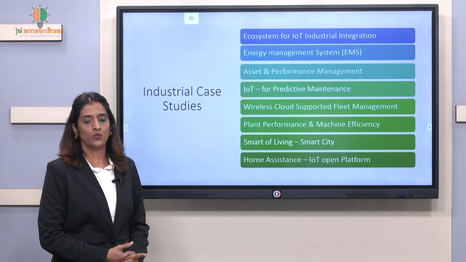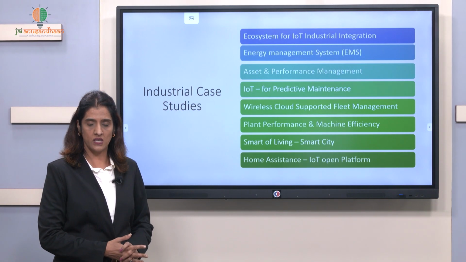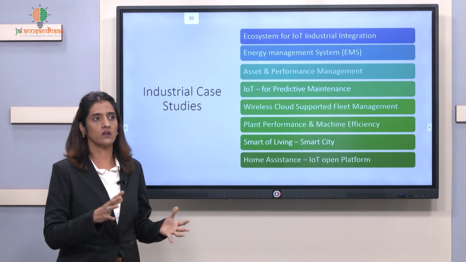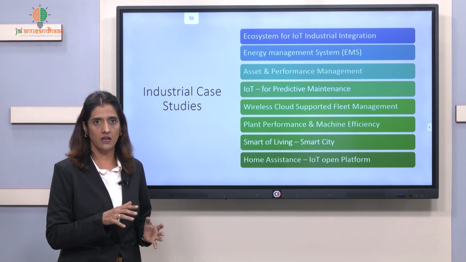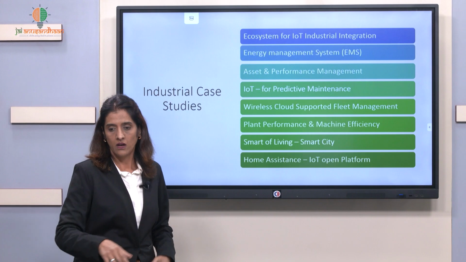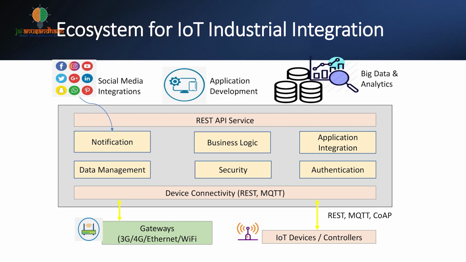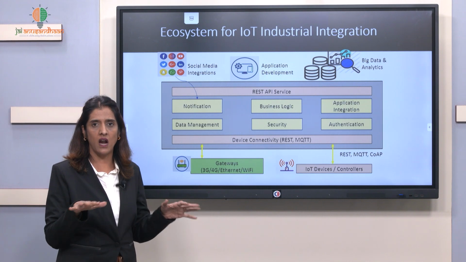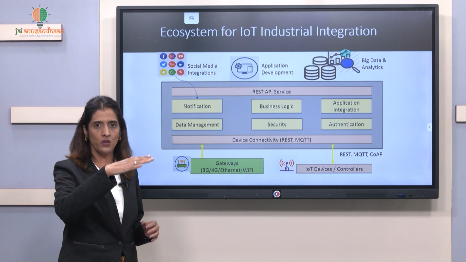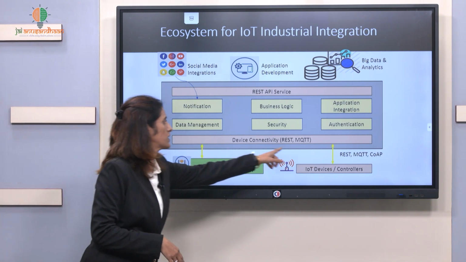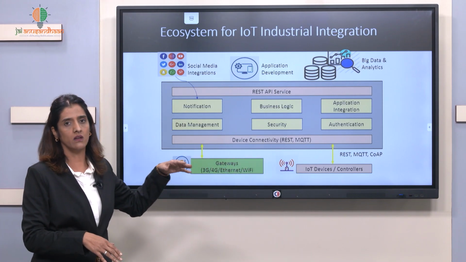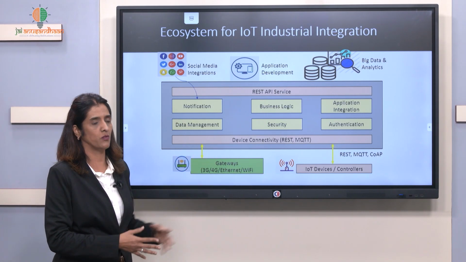We'll just go through a couple of industrial use cases for the IoT so that you can understand how IoT is integrated in the industry. This is the ecosystem. It explains the layers of architecture which we already discussed: the physical layer or hardware layer, then the communication layer, where we use MQTT, CoAP, these communication protocols.